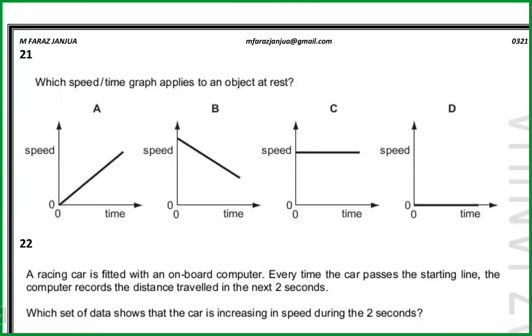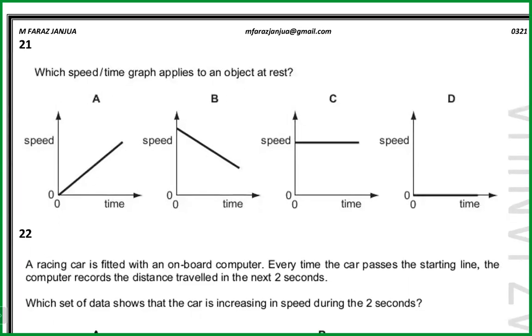Question number 21. Which speed time graph applies to an object at rest? D. B. D. Delta. Good. Okay.